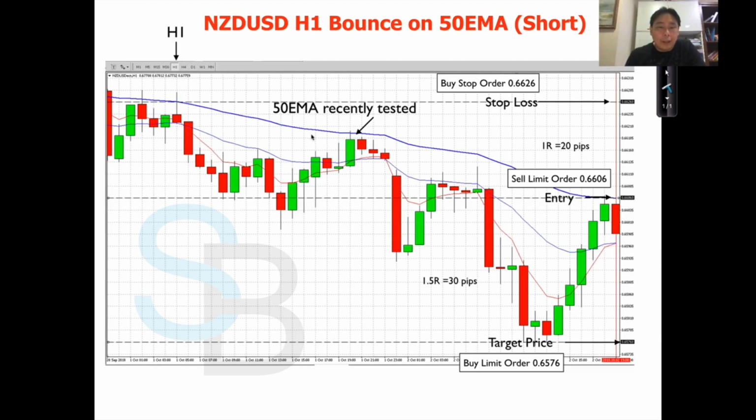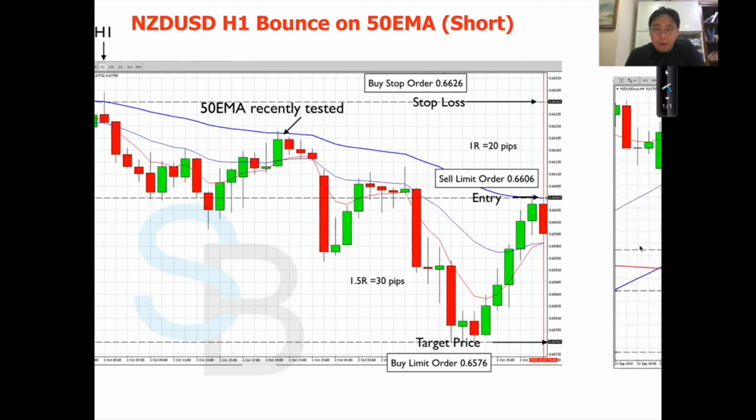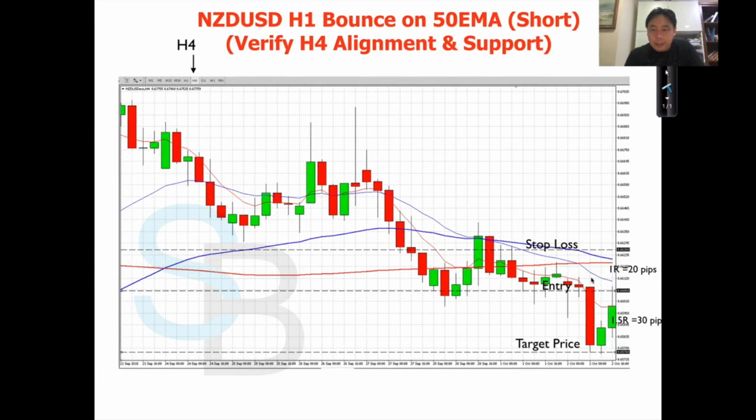Again, you can see on H1, the 50 is a strong resistance. Is it strong on H4? Let's look at H4. On H4, you can see that's the entry price, that's the stop loss, and that's the profit target. Now, on H4, you can see it's a downtrend as well.